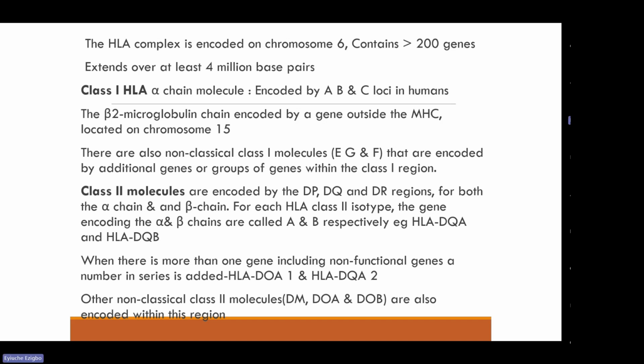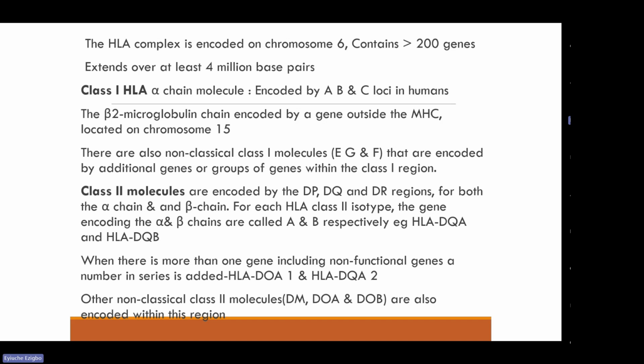For each HLA class 2 isotype, the genes encoding the alpha and beta chain are called A and B respectively, like HLA DQA, HLA DQB. These are the genetic terminologies used to name the HLA complex.